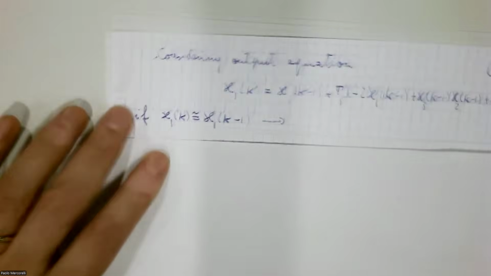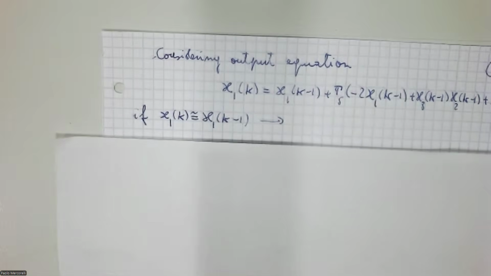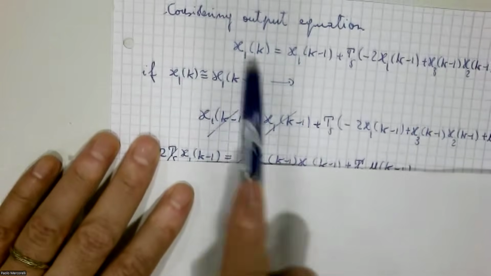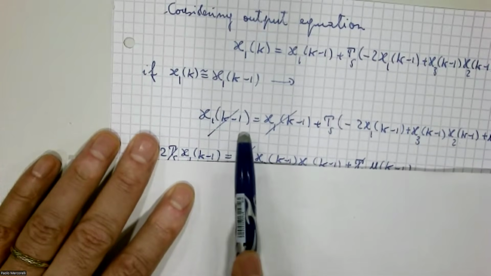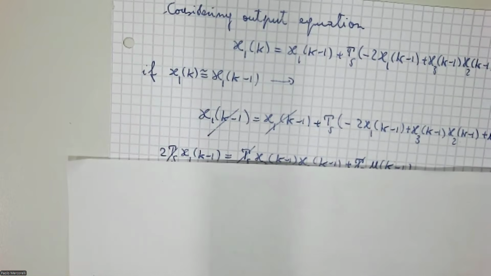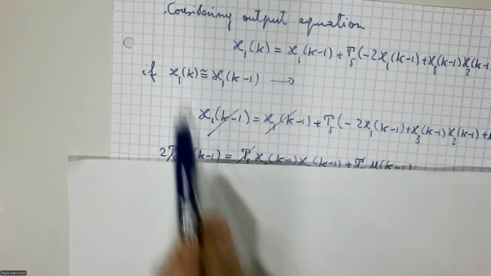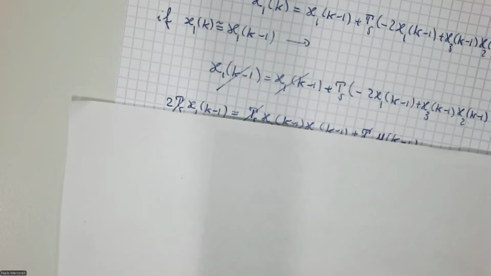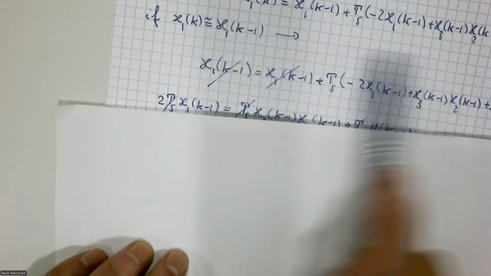If I assume this hypothesis, I will write x1 of k minus 1 instead of x1 of k, because I can consider them equal, as if x1 of k does not change over time, or does not change at this stage. We have few changes. This means I can cancel this. I have this expression here equals 0.